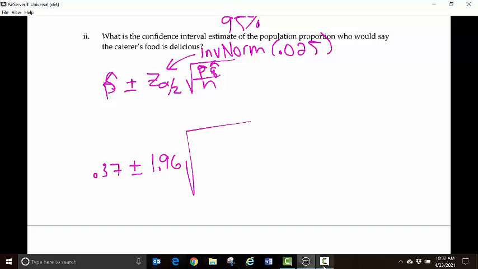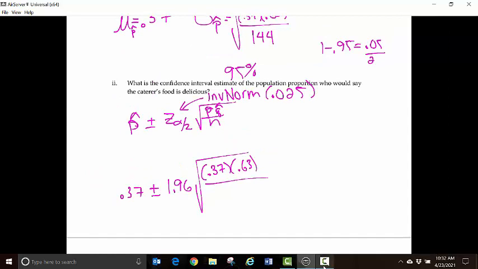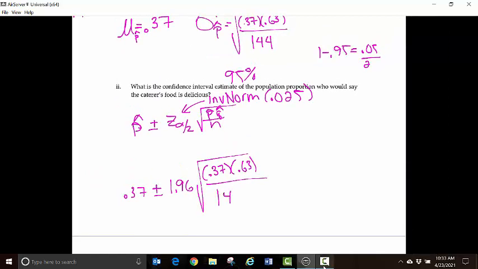So then you would get 0.37 times 0.63 all over 144. Okay, and so then if they asked you, what's your margin of error, it'd be this part. This would be your E. If you did this plus this stuff, that would give you your upper bound.